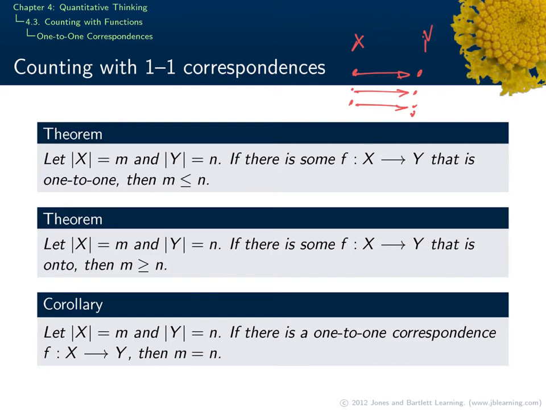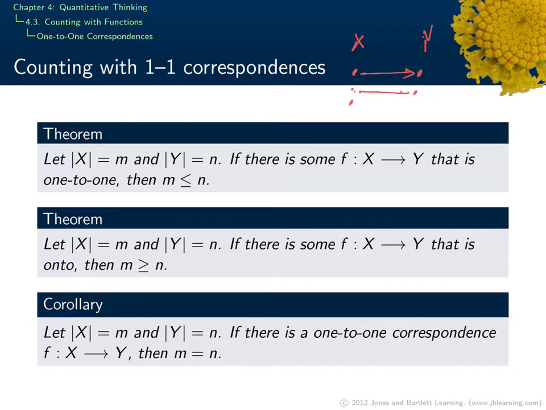Okay, so the next theorem is about onto functions. So let's suppose, again, we have our same sets X and Y, and now our function is onto. Then what that says is that the size of X must be bigger than or equal to the size of Y. So here, let's imagine that we've got a nice onto function.